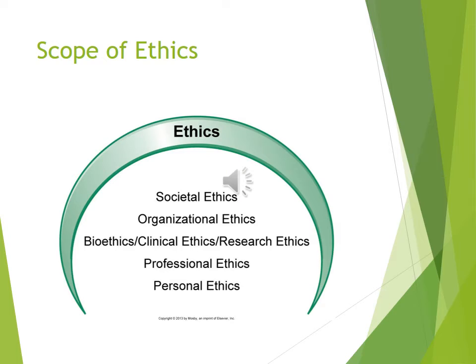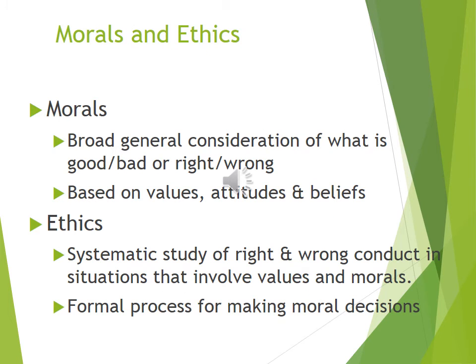And this talks about the scope of ethics. There's different types of ethics. There's societal, organizational, bioethics, clinical ethics, research ethics, professional, and personal. We also have morals and ethics. Morals is a broad general consideration of what is good, bad, or right and wrong, and it's based on our values, attitude, and beliefs, whereas ethics is a systematic study of right and wrong conduct and solutions that involve values and morals.